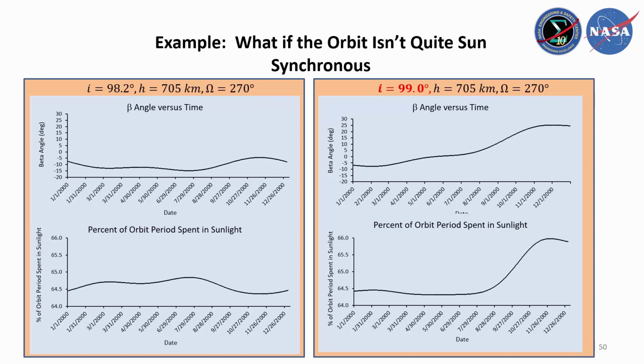In this case, the beta angle span ranges from minus 14 degrees to plus 25 degrees. Comparatively, there is more variation in eclipse time for the 99-degree inclined orbit as compared to the true Sun-synchronous orbit, but since the magnitude of the beta angle remains small, the variation of time spent in sunlight is only on the order of about 1.5%.